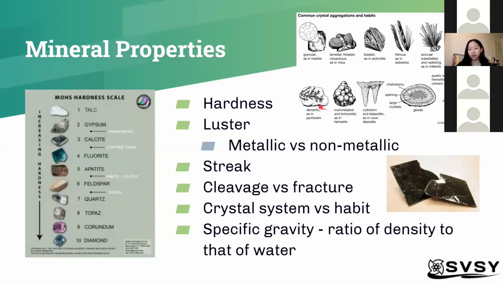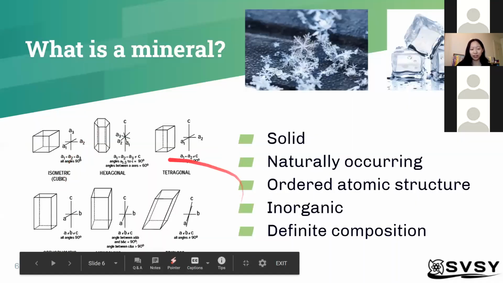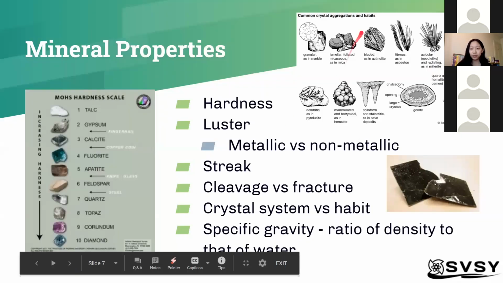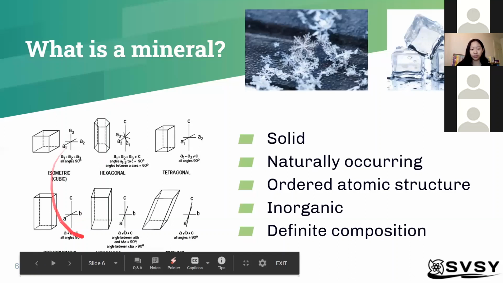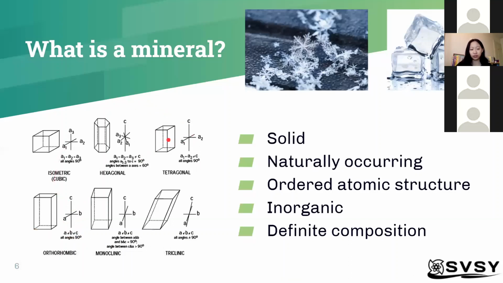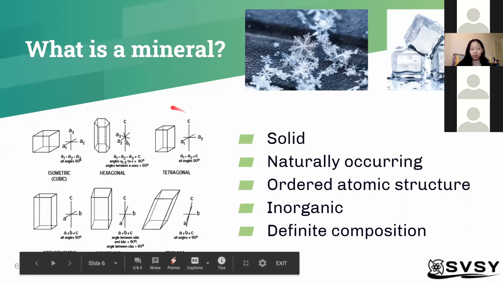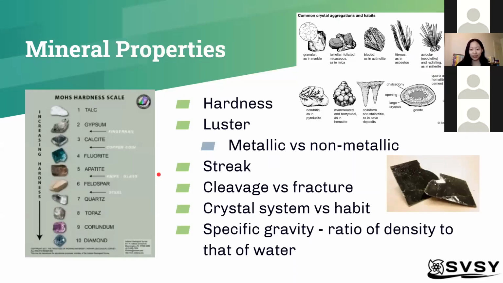It can grow in a bunch of different weird shapes, like you can see fibrous, and they're not necessarily those perfect, pretty looking crystals from over here. So this is what you would see out in the field, whereas this is more of a definition of the mineral because it depends on the angles of the faces. It's not necessarily that the mineral is going to look just like this. So that's a little difference I'd like to note.